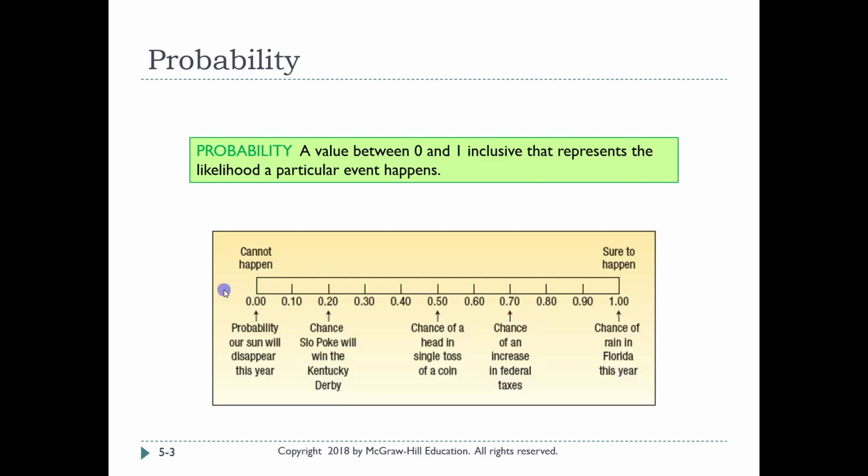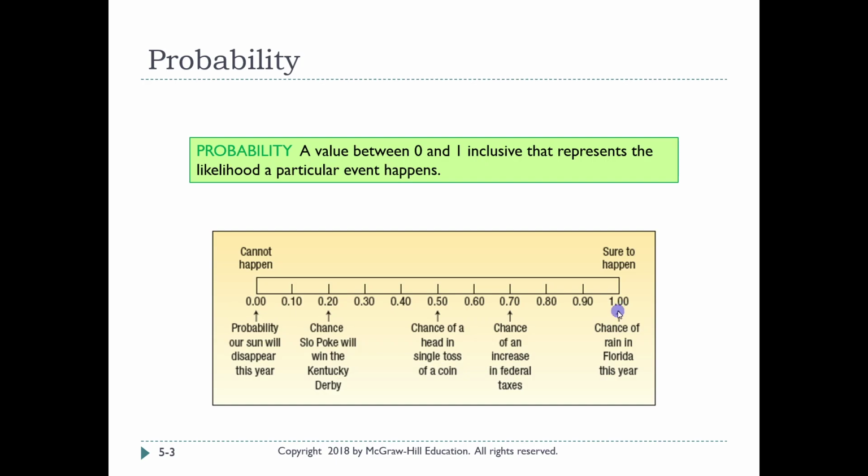Thinking on a number line, we have, again, inclusive, meaning that 0, if we think there's no chance that the sun disappears this year, that is a probability of 0. On the other extreme, it's almost assuredly going to rain in Florida this year, so that's a probability of 1.0.